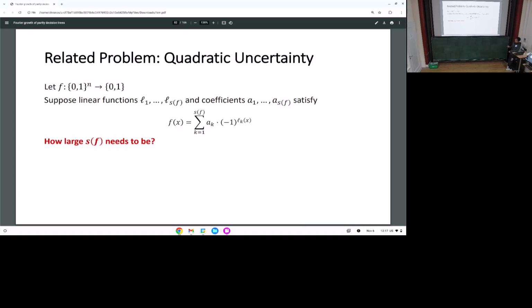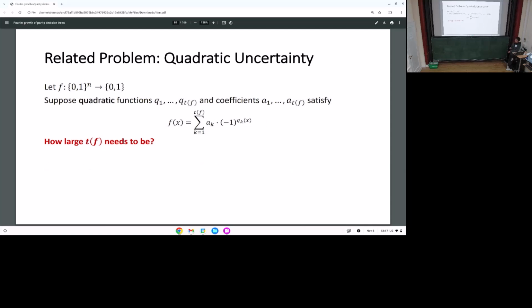And the question is, how sparse can this representation be? What is S? And because we all know Boolean functions, we know this minus 1 to the linear is just the parity, like the Fourier basis. So this is actually a unique decomposition. So S(f) is just the minimum number of non-zero Fourier coefficients of f. So nothing is interesting here.